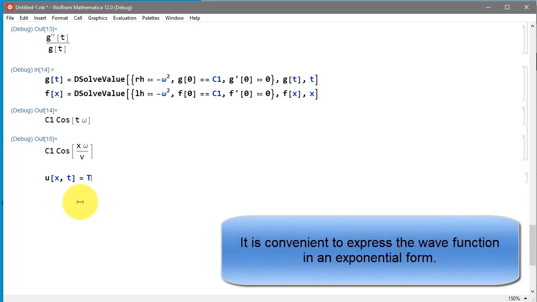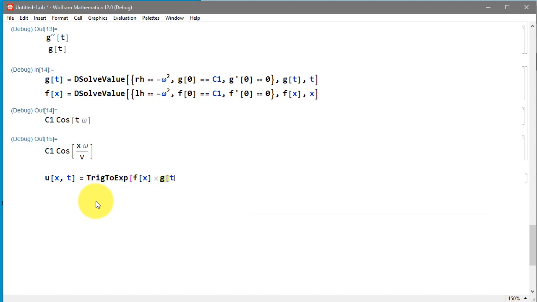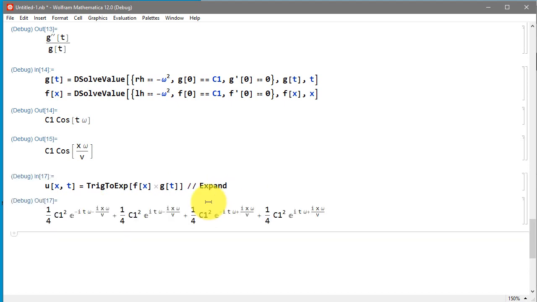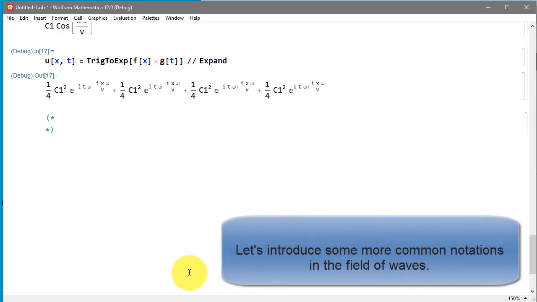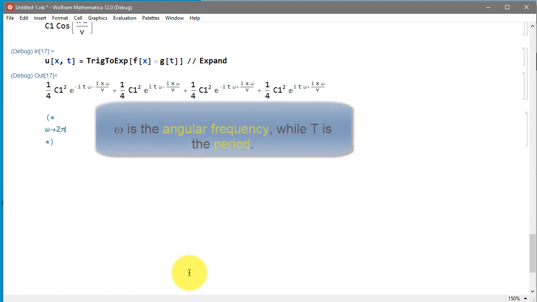It is convenient to express the wave function in an exponential form. Let's introduce some more common notations in the field of waves. Omega is the angular frequency, while T is the period.